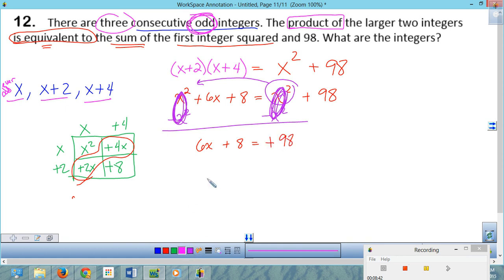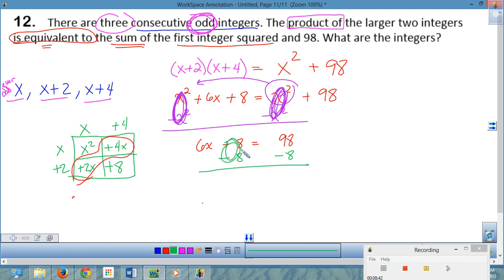Well, if you look, this really is just a two-step equation now, and we don't need this plus sign because that's positive 98, and we know that by normal. So first thing you're going to do is subtract 8 from both sides. Okay, that cancels out. 6x comes down equals 98 minus 8 is 90.